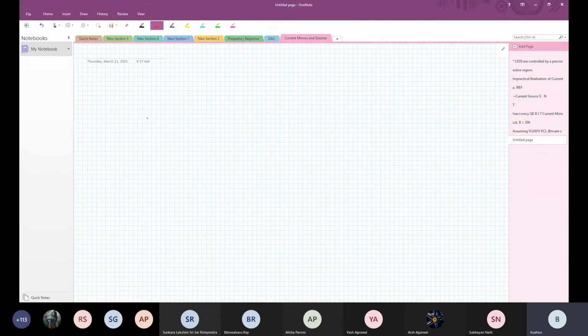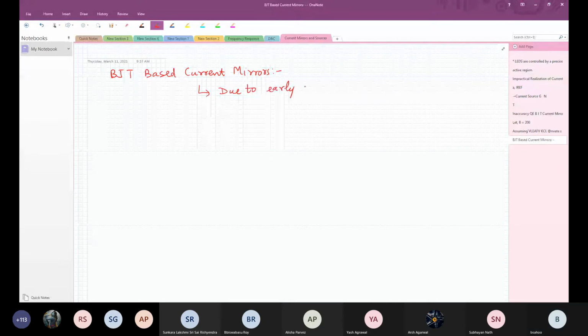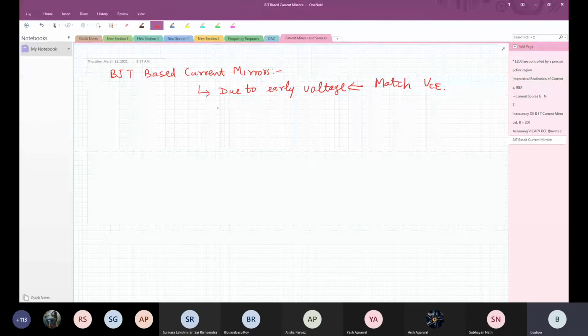Now, basically, therefore, in a BJT based current mirror, inaccuracy is due to early voltage. The solution is to match VCE. Inaccuracy is also due to base current.